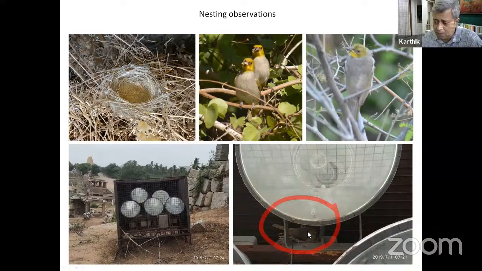It found this place to be very secure, and this yellow-throated bulbul has put its eggs here, and she is incubating the eggs. They have to sit on the eggs to incubate them. Incubation is required to keep the eggs warm, so that the embryo will develop, and then it will hatch after a certain period of time.